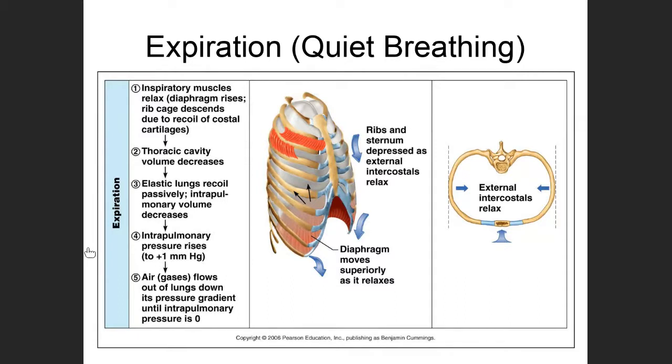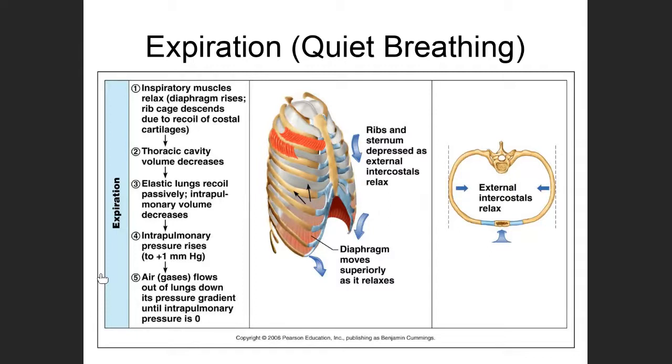With expiration, if you don't have a lung disease, if you don't have emphysema, if you're healthy, it should be an entirely passive process. All that should happen is your diaphragm relaxes, and when it does, it goes from the contracted, flattened state back up to the dome shape, decreasing the volume of the lungs longitudinally.